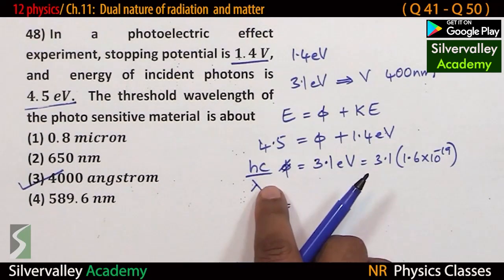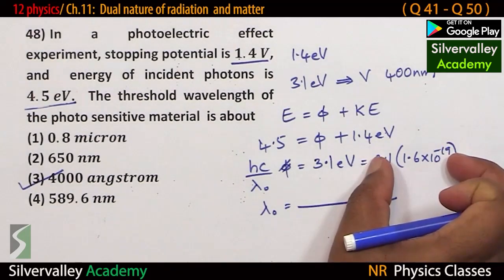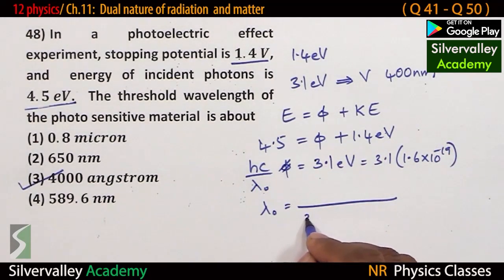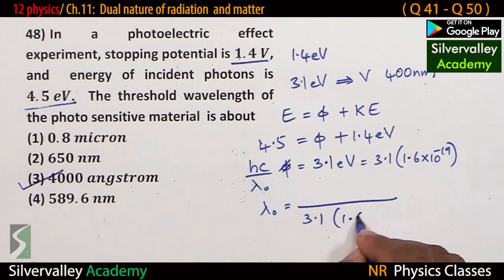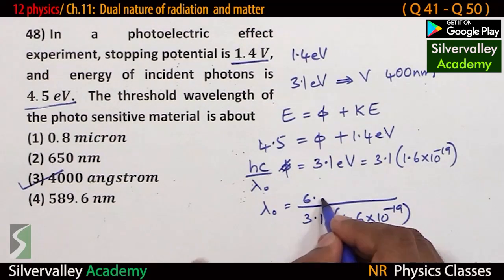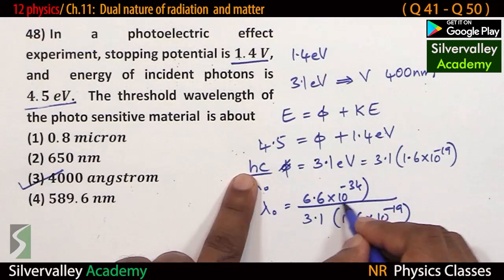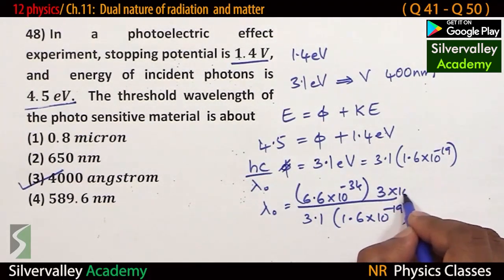So lambda naught is, take this to this side, bring these numbers to the denominator: 3.1, 1.6 times 10 power minus 19. h is 6.6 times 10 power minus 34, c is 3 times 10 power 8.